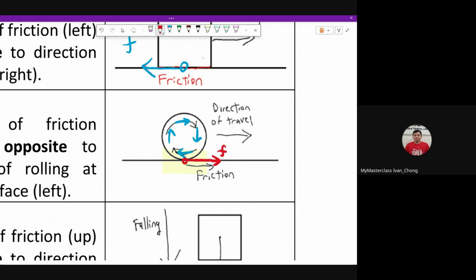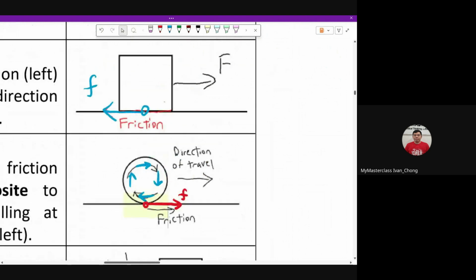So your friction will actually be to your right, which is very weird. But because of this, friction actually helps us move forward when we are using a wheel. That's why typically if you want to move something easier, you put wheels onto it so that it can roll and travel easier. All right, now here comes the trouble.